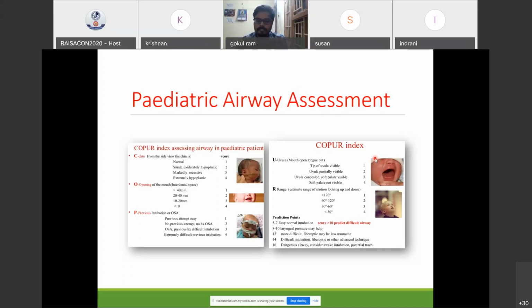Since it's a cleft surgery, I'd like to have a RAE tube.